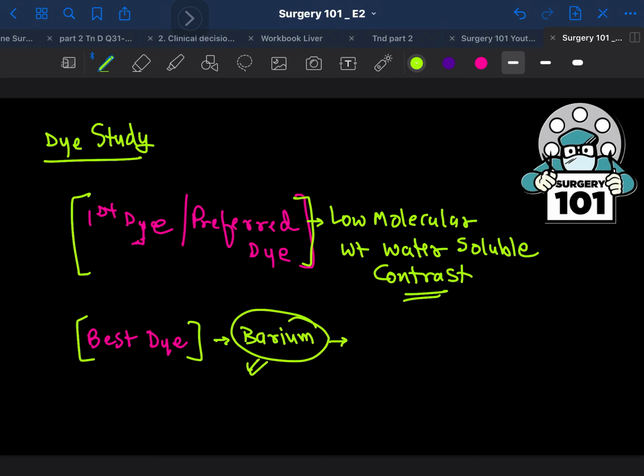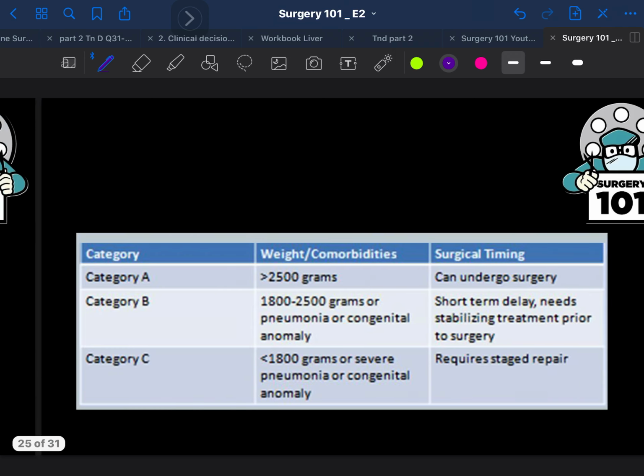Even though barium has a propensity to cause chemical pneumonitis, still barium is the best dye which you can use, because it can diagnose most of your tracheoesophageal fistula.